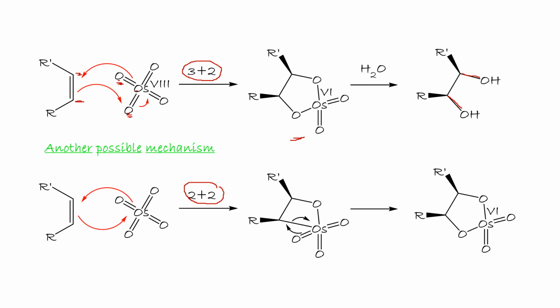Or you start first by 2+2, 1, 2, and here 1, 2, to form a 4-membered ring, followed by ring expansion to form again the cyclic osmate 5-membered ring like this one, but through 2+2 cycloaddition, which again opens with water to form the diol.